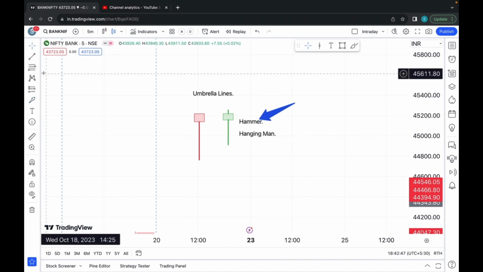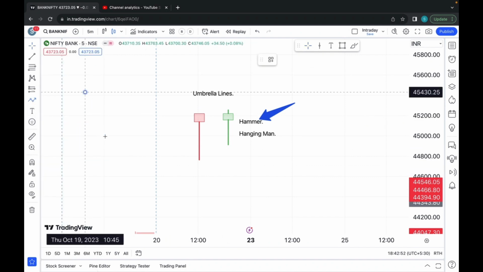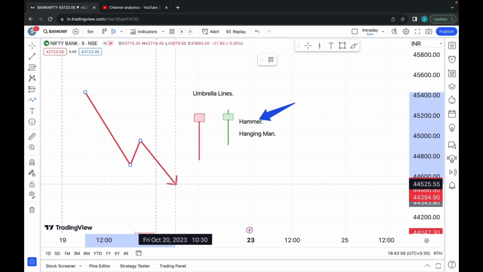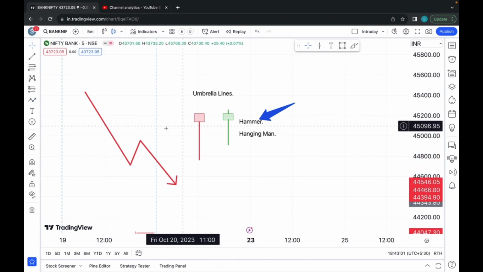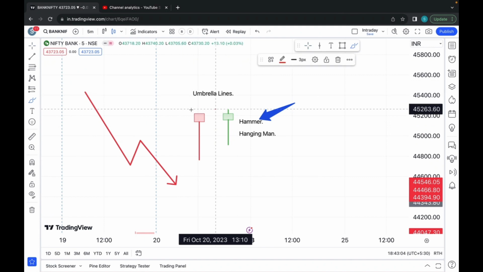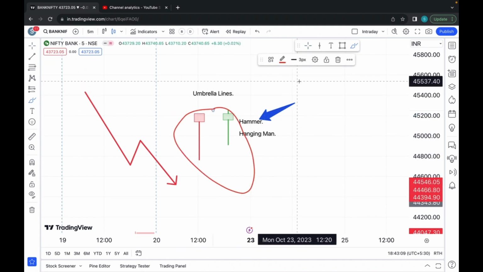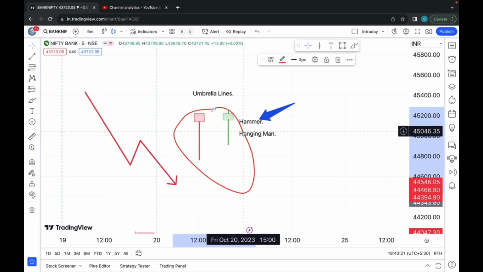Suppose you have a price coming down and you have a similar candlestick formation like this, or this, irrespective of their color. Now if you see this formation after a downtrend, it is called a hammer.